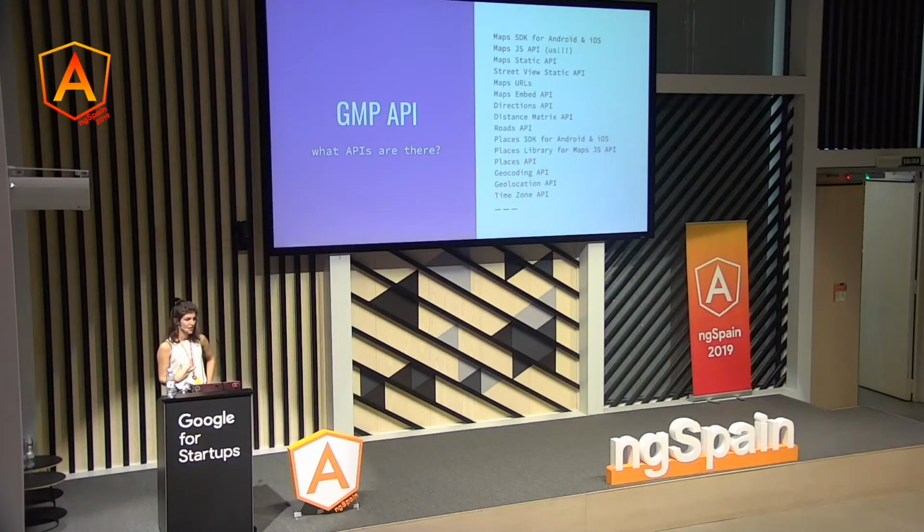The Geocoding API, which translates either coordinates to addresses or addresses to coordinates. The Geolocation API, which if you enable it, gets access to your location, shows you your blue dot on the screen, and gives you access to things that are near you. And the Time Zone API, where you get, of course, the time zone of each place.